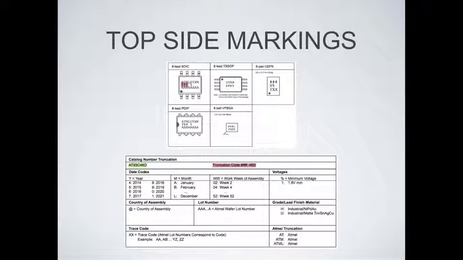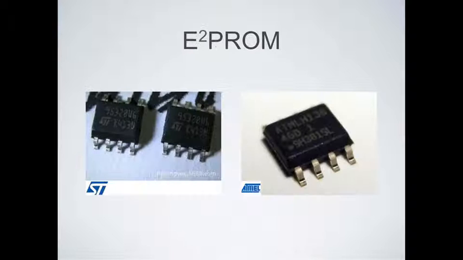What I really recommend is, if you find a memory chip where you're not able to correlate a data sheet, you should put in your search terms the Atmel ATML H136, then a space, then 46D, followed by topside markings.